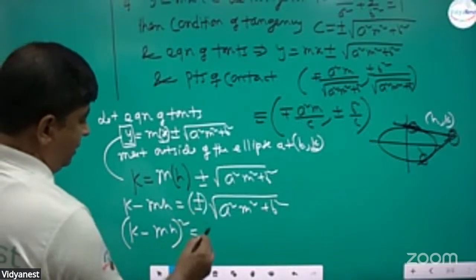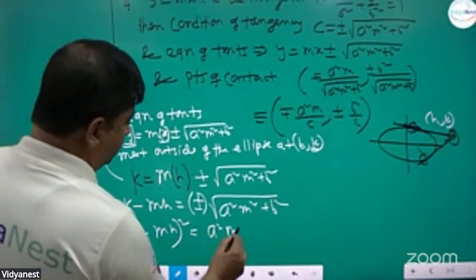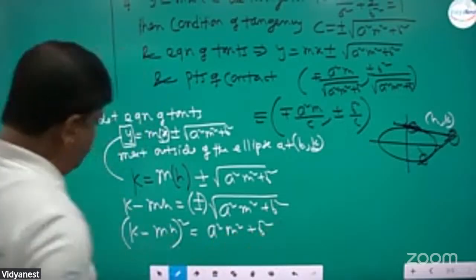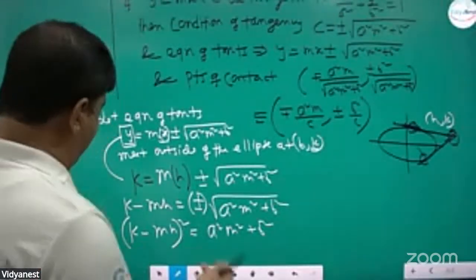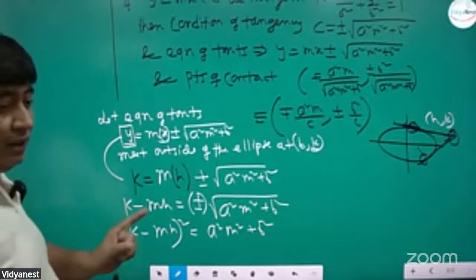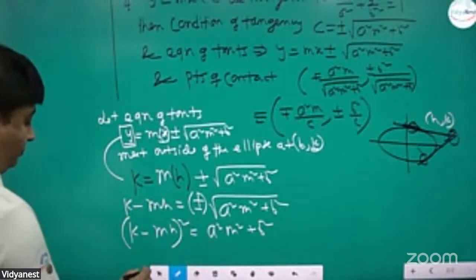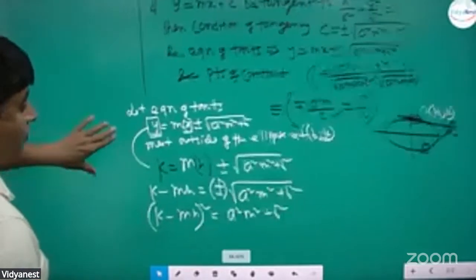That plus minus will be withdrawn. So what is the point of doing that? We will get a quadratic equation in m. Carefully follow.